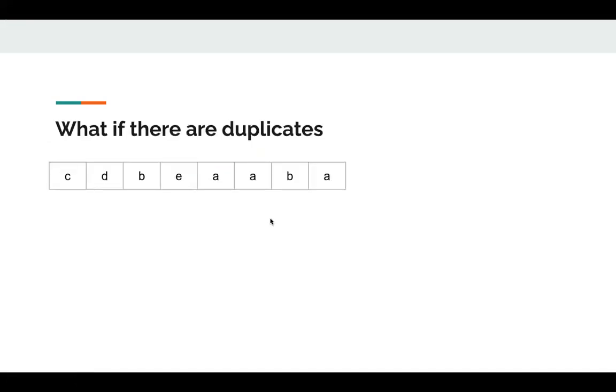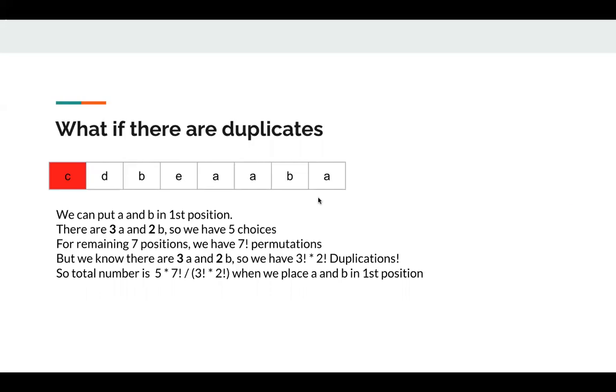Okay, what if there are duplicates? Let's take a look at this example. In this example, A occurs 3 times and B occurs twice. So we have 5 choices. And for the remaining 7 positions, we have factorial of 7 permutations. But we know there are many duplications since we have 3 A's and 2 B's. How many duplications do we have?